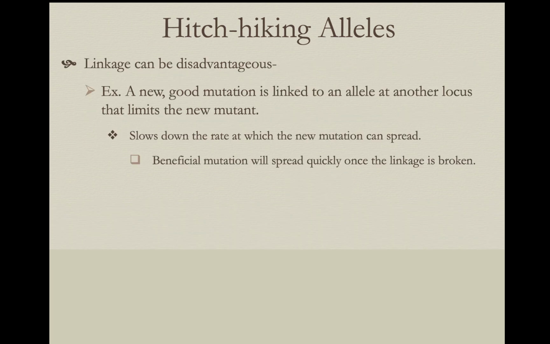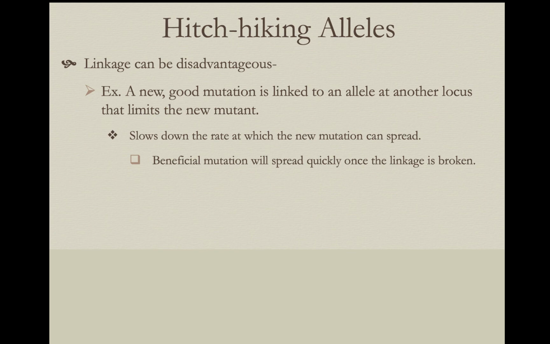However, in some cases, we can get a pattern of linkage disequilibrium that is actually disadvantageous. So I'm going to give you a couple examples of this. Let's say that we get a new mutation that is a good mutation, that in itself could give the bearer of this new mutant beneficial fitness. But if it's linked to an allele at another locus that's working in a different way, it may limit the ability of this new mutant to fully increase the fitness of the bearer of this new mutation.